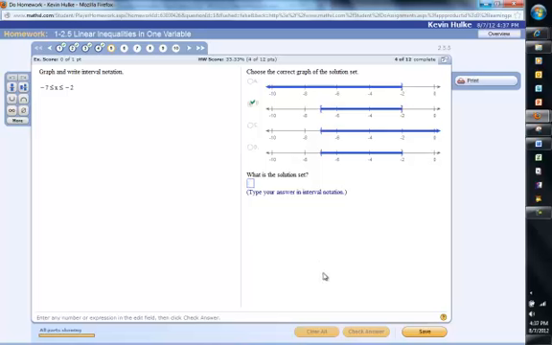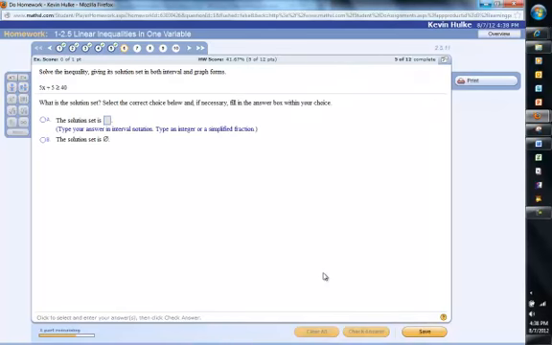And the solution set in interval notation, so we would use a bracket. It starts at negative 7, and then it ends at negative 2, and then we close the bracket. Okay.